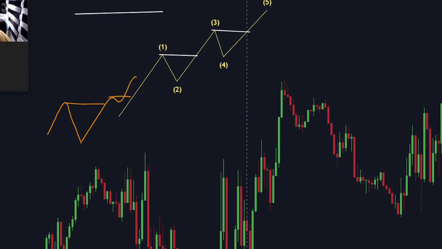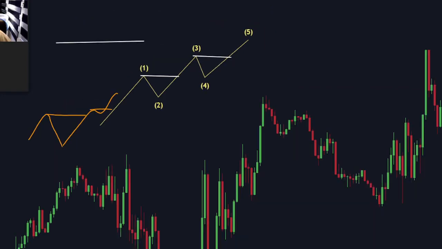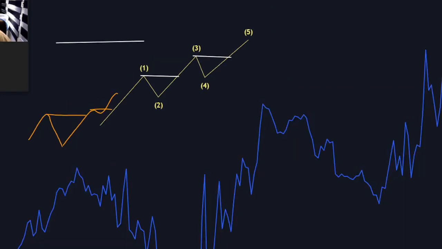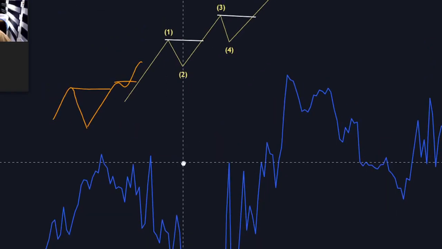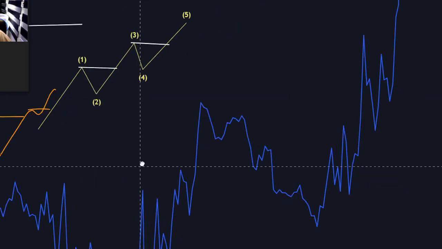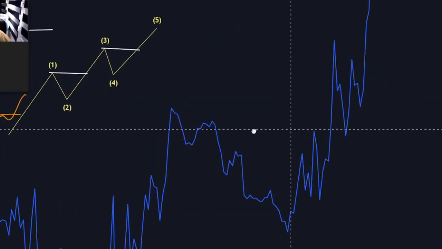You understand? Let me put this line chart. We used this line chart the other time. Okay, let's use this uptrend.